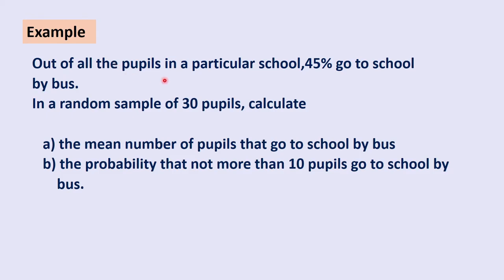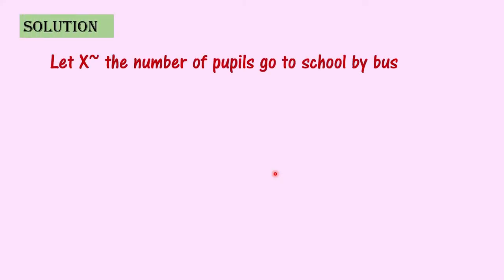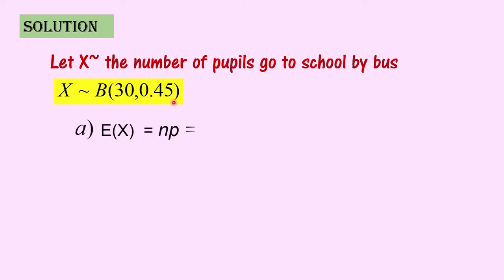Okay, we continue with our last example. Out of all the people in a particular school, 45% go to school by bus. In a random sample of 30 people, calculate A, the mean number of people that go to school by bus. B, the probability that not more than 10 people go to school by bus. Okay, you have to let X be the number of people who go to school by bus. X is a binomial distribution, n equals 30, p, the probability of going to school by bus, is 0.45.